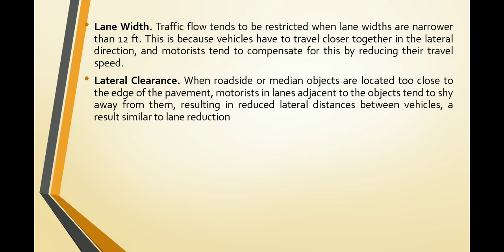Lateral clearance. When roadside or median objects are located too close to the edge of the pavement, motorists in lanes adjacent to the object tend to shy away from them, resulting in reduced lateral distances between vehicles, a result similar to lane reduction.